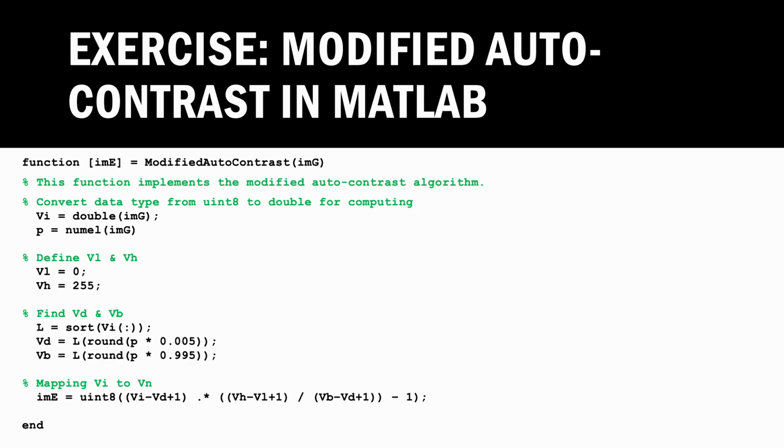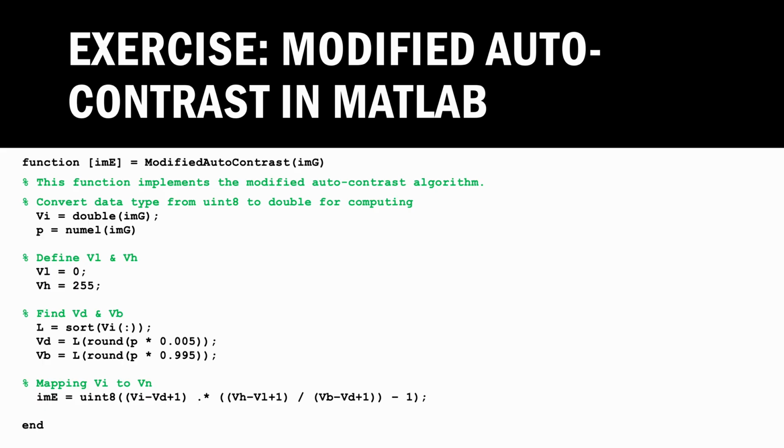VL equals 0 and VH equals 255. Then we sort all pixel values in ascending order and store them in a list called L. From this list, we take the value at p times 0.5% as the new VD, and the value at p times 99.5% as the new VB. These represent the adjusted minimum and maximum thresholds.